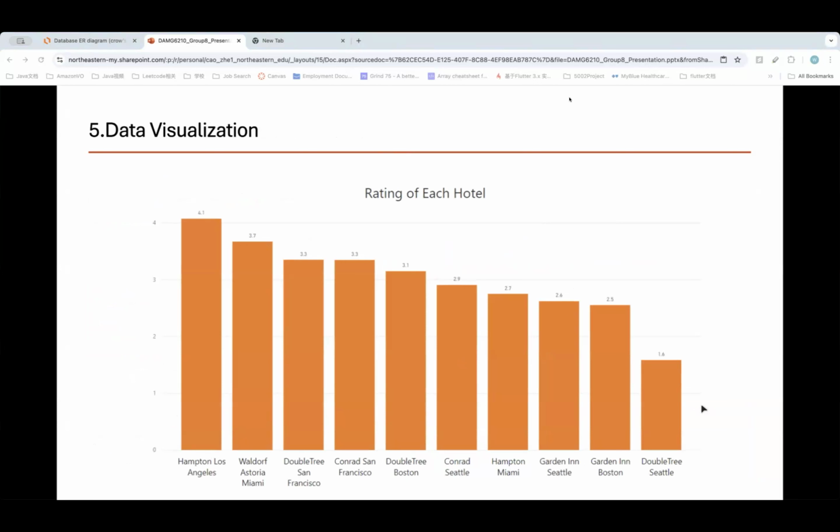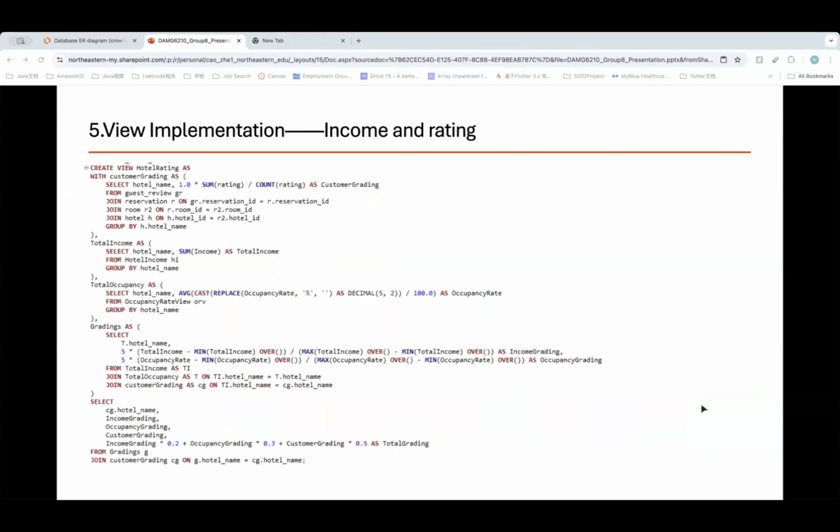These two data are normalized into range 1 to 5, and then they will be calculated as the weighted average with the rating of the guest. I hope it can answer your questions. Yeah, great answer. Thank you.